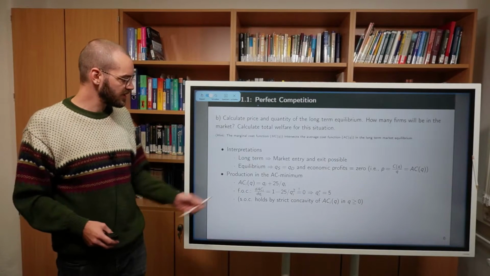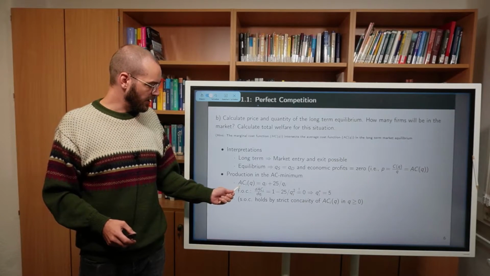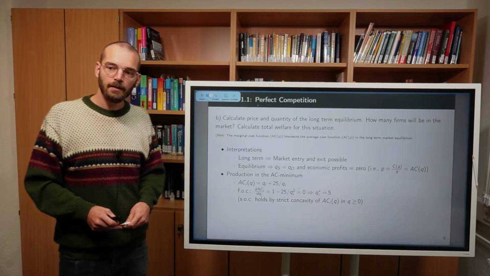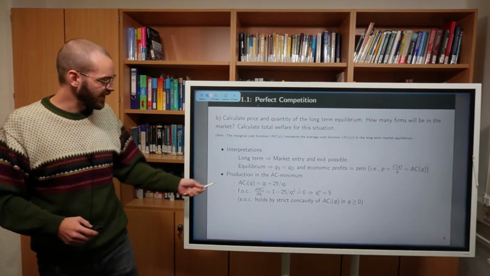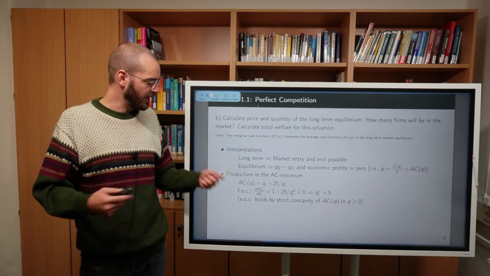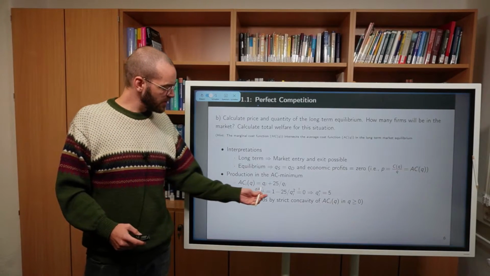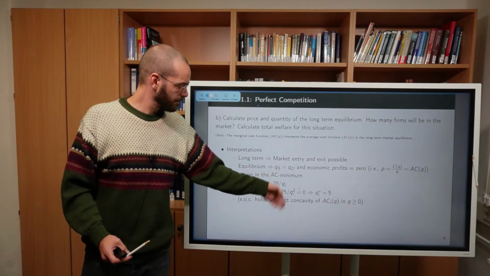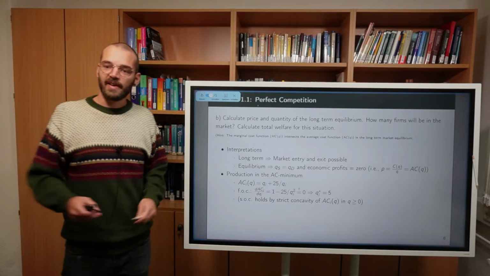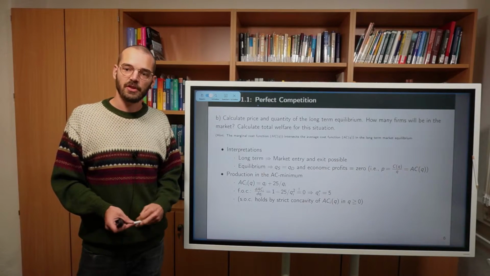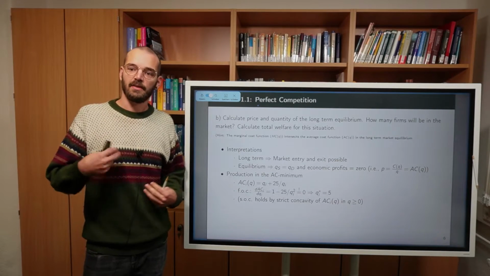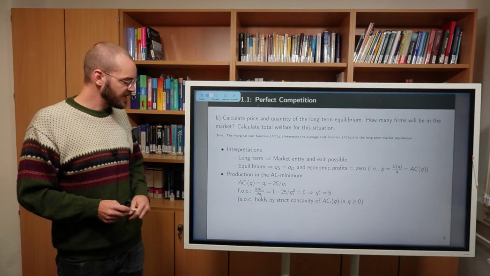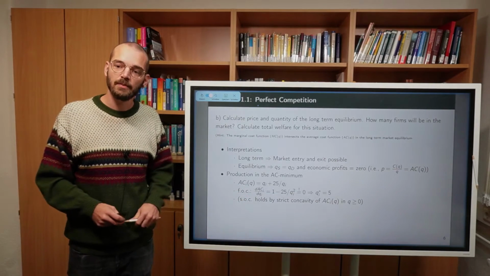And the average cost is, of course, calculated by dividing the total cost function, capital C, by Q. If we do so, we find that the average cost as a function of the quantity Q equals Q plus 25 divided by Q. In order to find the minimum of this average cost function, we first state the first order condition of this minimum.